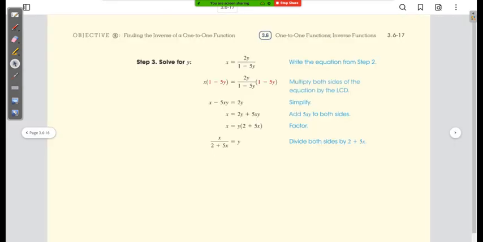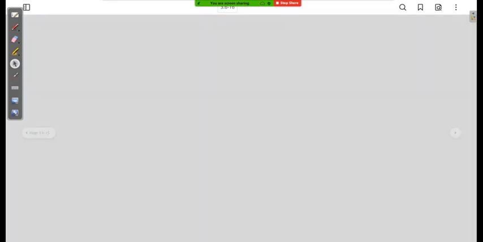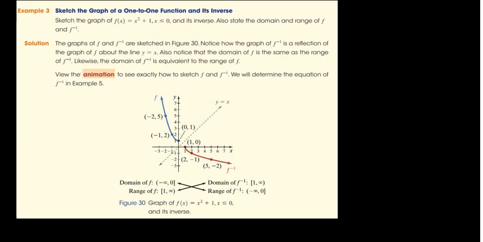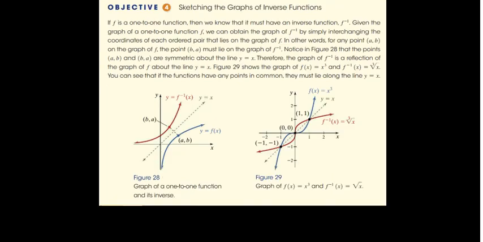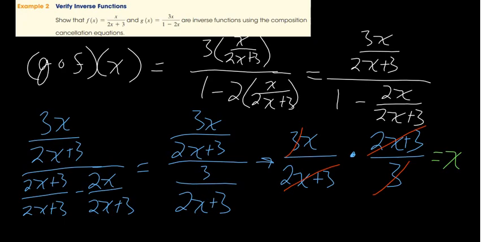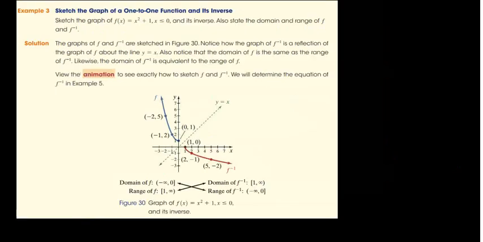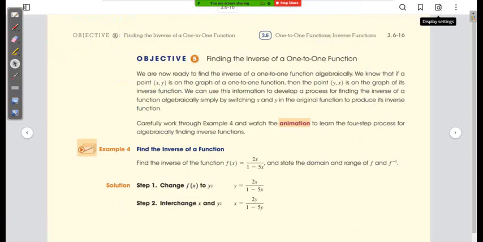It says find the inverse function that we discussed in example 3. Oh, it's this one. Okay, that's fine.